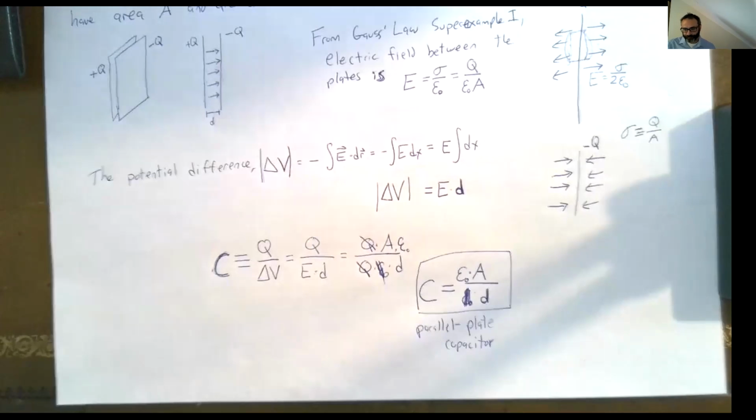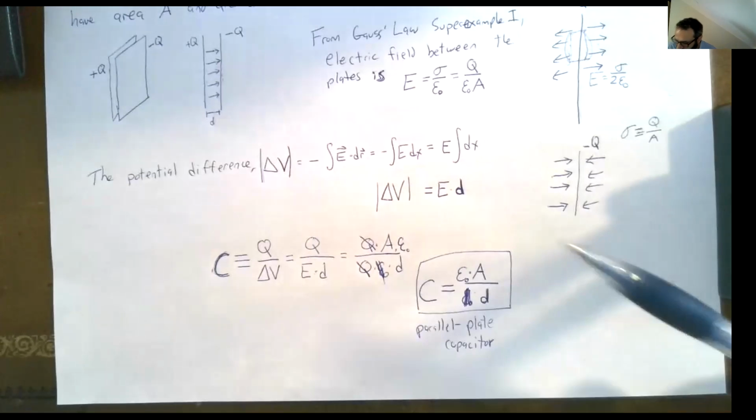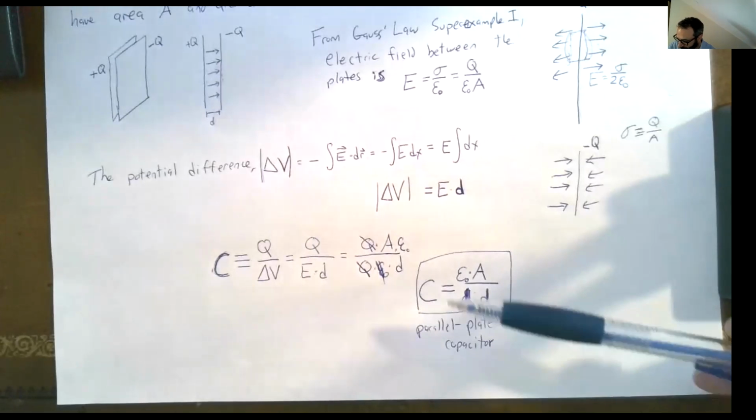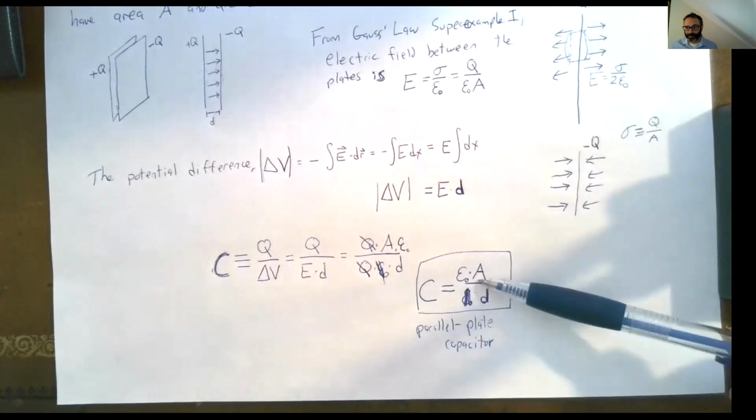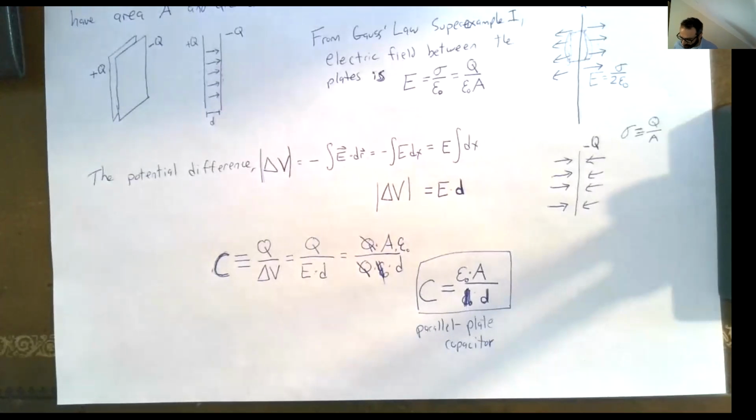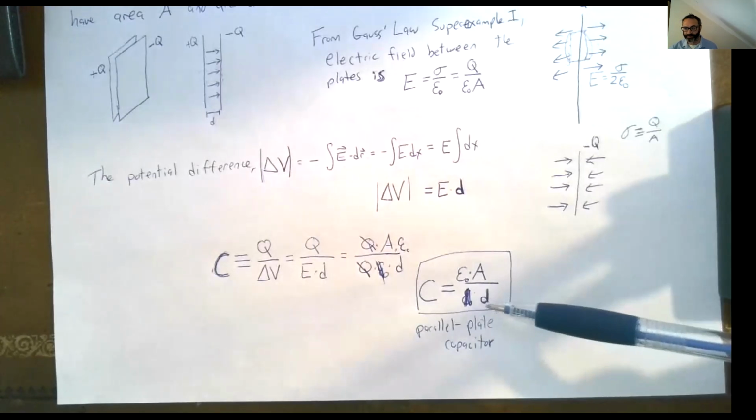So what we can see is how we can increase the capacitance of a capacitor. If you make the plates bigger, that makes sense, we increase the capacitance, because you can store more charge on it at a certain voltage. The other way to increase the capacitance is to decrease the distance between them.